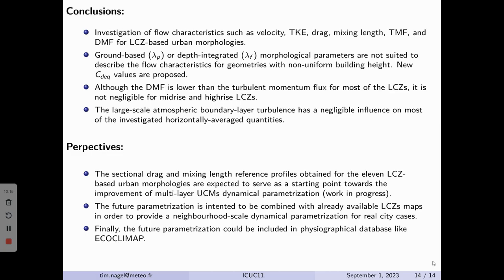And so what we want to do now is to use maps of the local climate zones, because this is something that you can easily obtain for a city of interest or even for an entire continent with recent developments. And so we code these values for the sectional drag coefficient and the urban turbulence mixing length per LCZ, for example in data sets like EcoClimap.